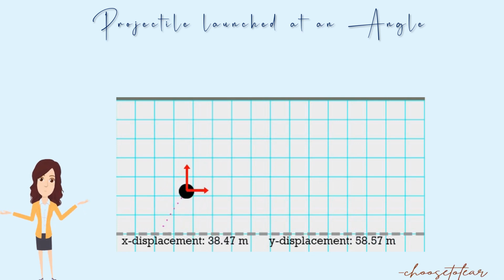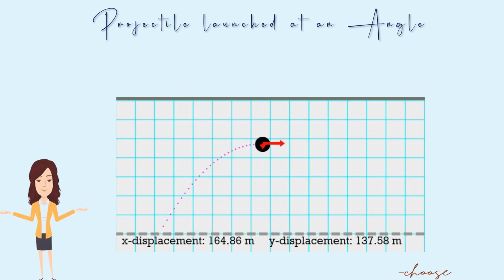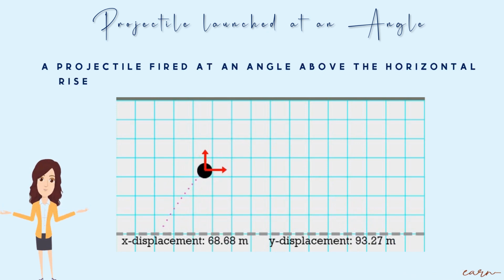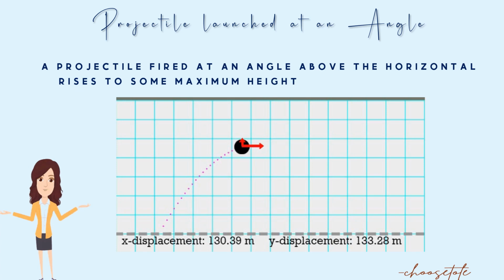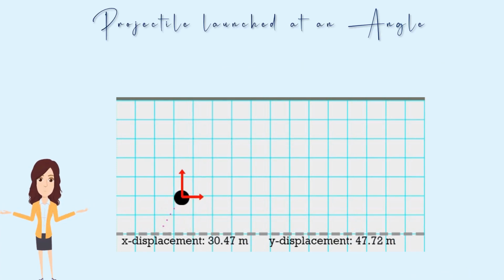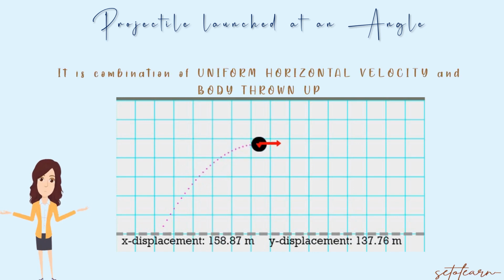Alright, so when we say projectile launched at an angle, it is when a projectile fired at an angle above the horizontal rises to some maximum height and then descends. This projectile motion is a combination of uniform horizontal velocity and a body thrown up.